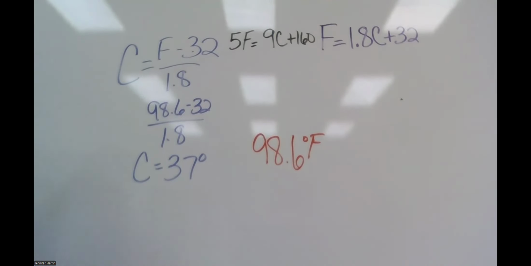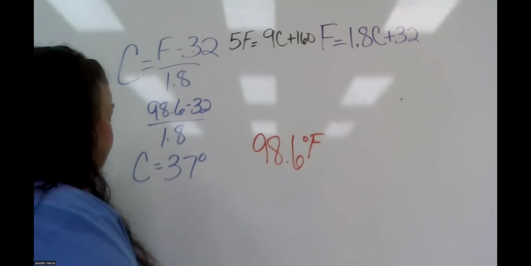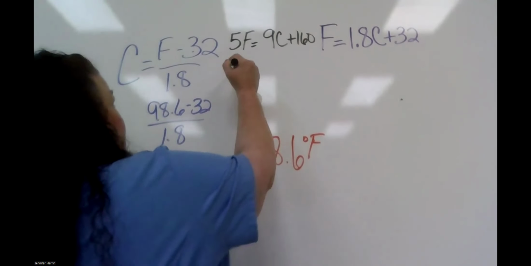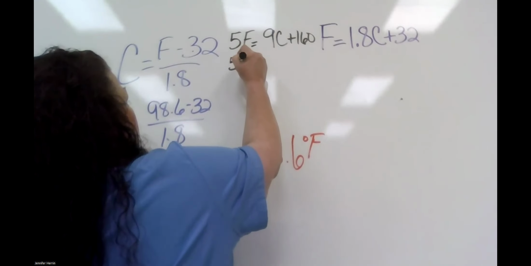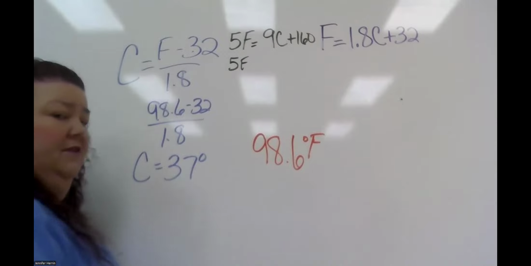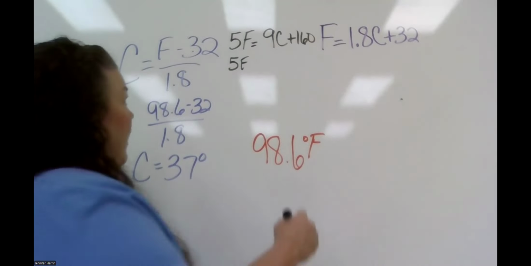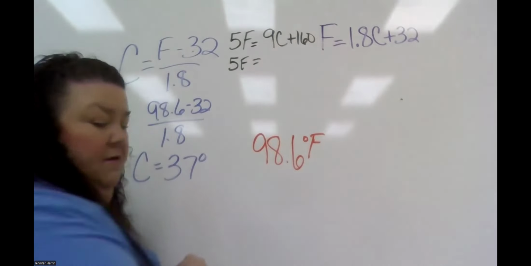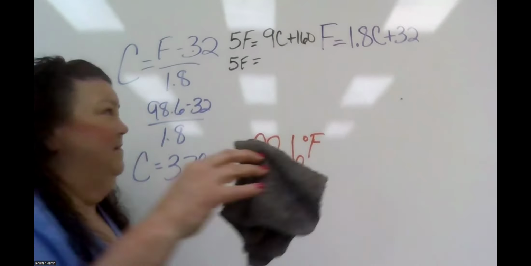So let me show you what that looks like on the universal formula. I'm just going to drop down the 5F because I don't have the temperature in Fahrenheit yet. And I'm going to set that equal to, I'm sorry, I lied. We do have the temperature in Fahrenheit. I'm so sorry, y'all.